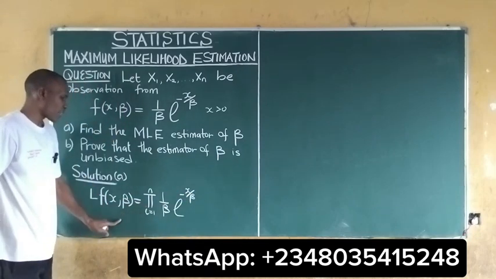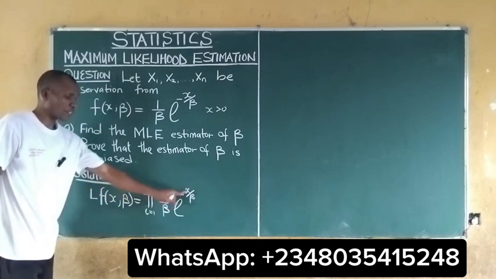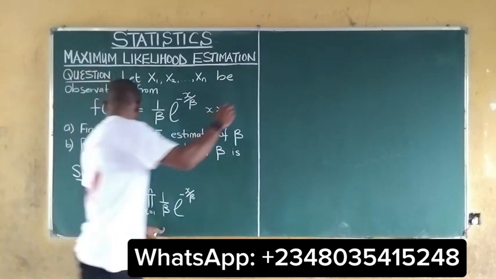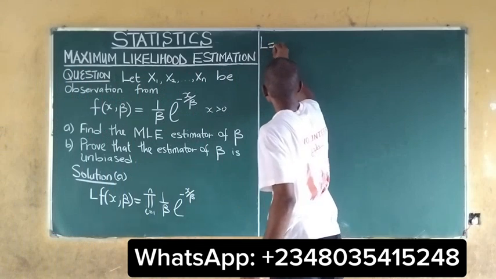So this is the likelihood function. If we take the product of this whole function, what do we get?